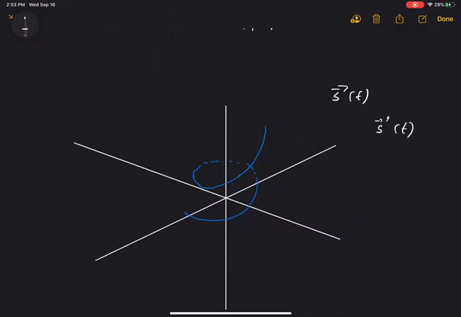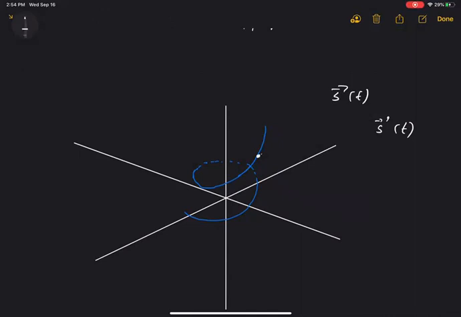Well, this vector valued function still has tangents, but now the tangents are in 3D. So if I wanted to consider a tangent line at that point, maybe it looks like this. And it turns out that s prime of t is still sort of like a slope.